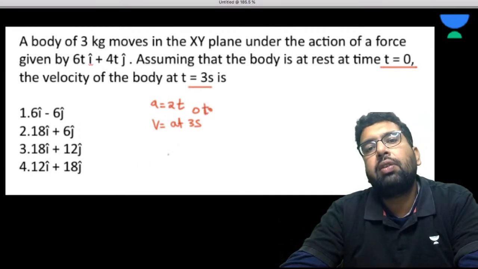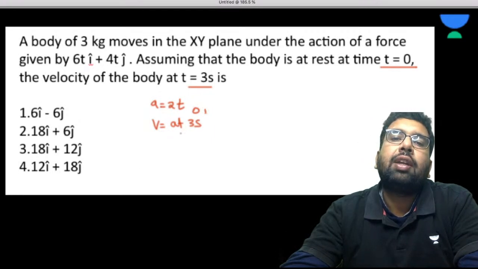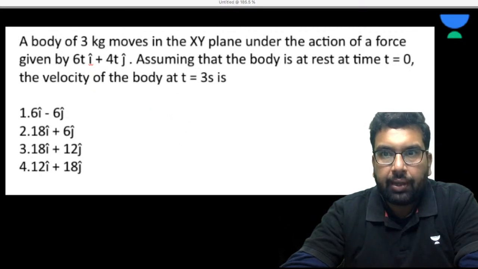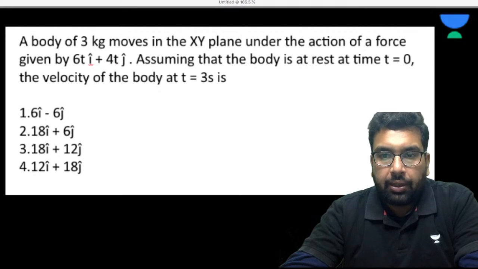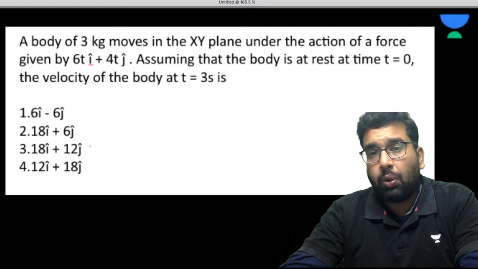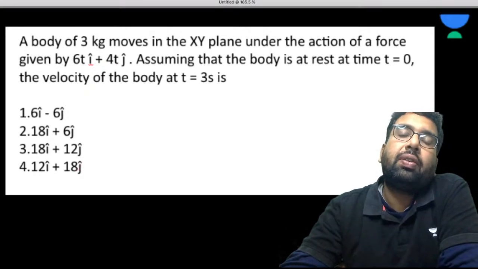Very simply, we can integrate the acceleration, put the limits from 0 to 3, and easily get our answer. Isn't it? Yes, sir, most certainly. Now, how is this question different from what I have asked? In this question, you don't have any acceleration.